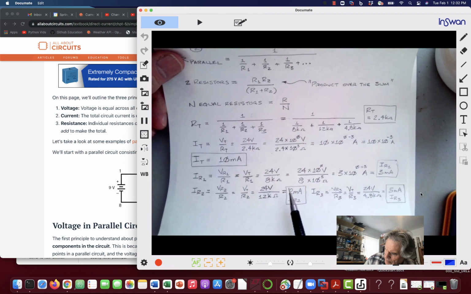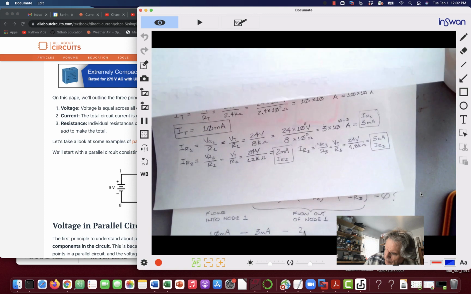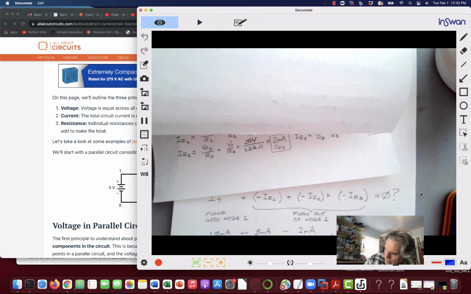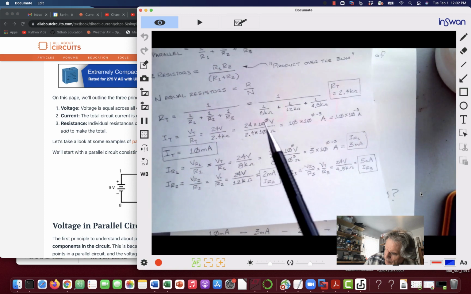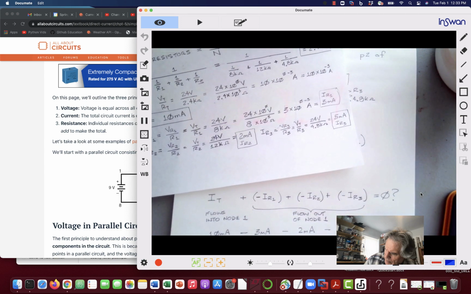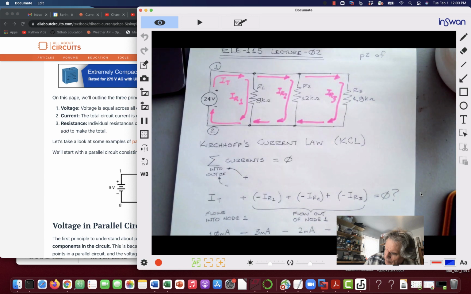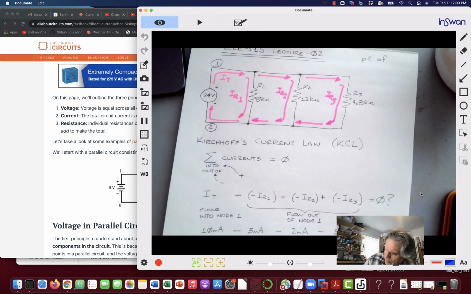So then we have IR2, which is 2 milliamps, and IR3 is 5 milliamps. And we add these all together, and pretty quickly you can see 3 and 2 is 5. You add another 5, that's 10. 10 minus 10 is 0 milliamps. Check.